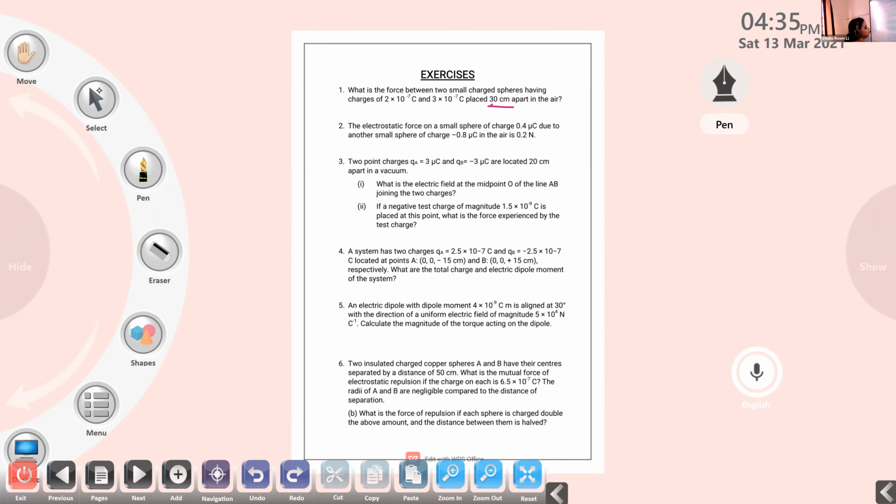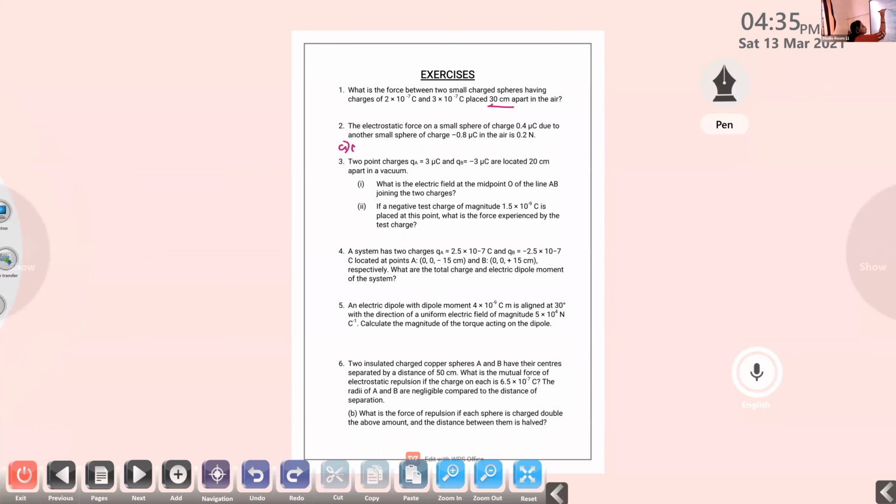Here there is a sub-question. The question is in your NCERT text. What is the distance of separation? We want to calculate the distance of separation. And one more question is there: what is the force on the second sphere due to the first?